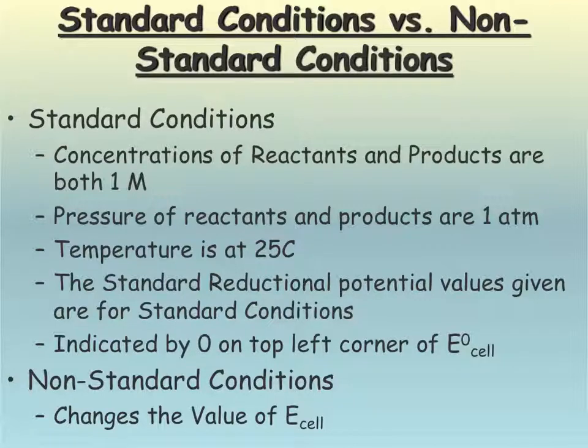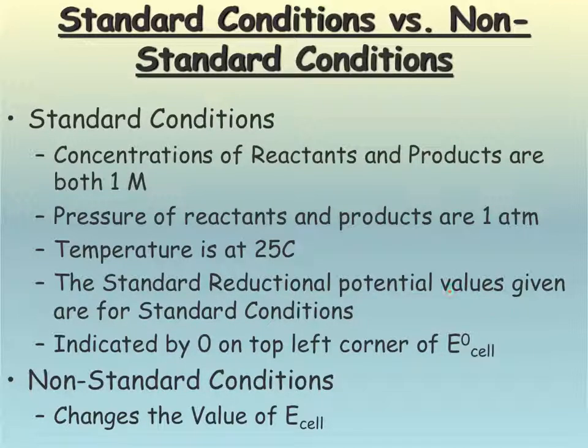And the standard reduction potential values that we are given in the standard reduction potential table are for standard conditions. You always know when something is for standard conditions by looking for this little zero. This little zero indicates this is the value for standard conditions.